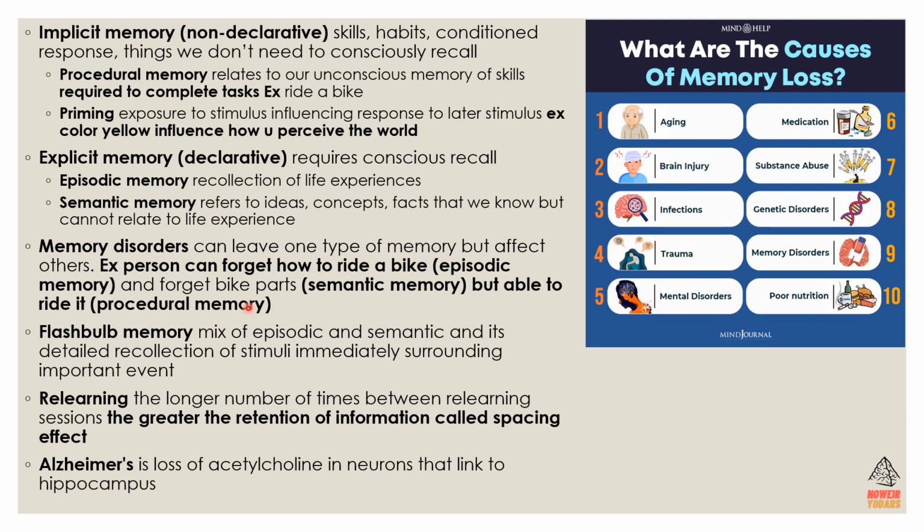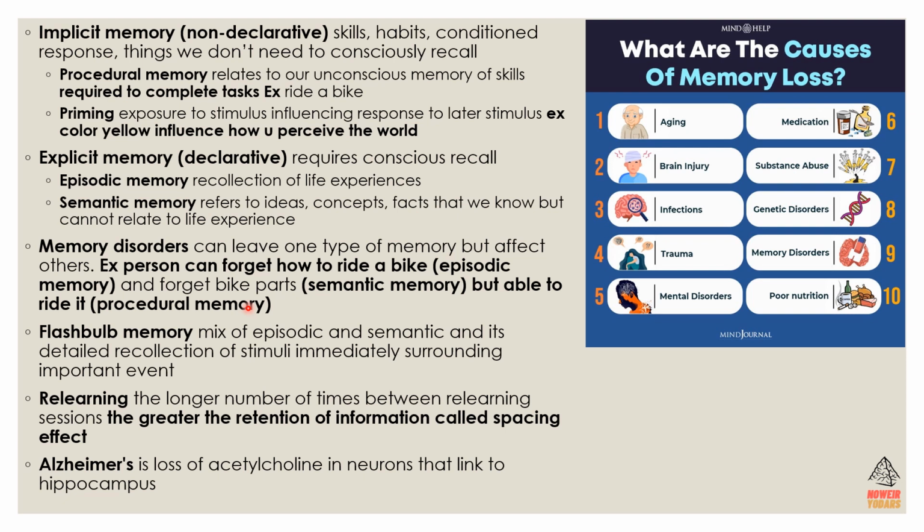Because the longer the number of times between relearning sessions, the greater the retention of information. So let's say there's 20 days between this and that. Oh yeah, so when I remember it, I'm gonna have better retention. This is called the spacing effect.